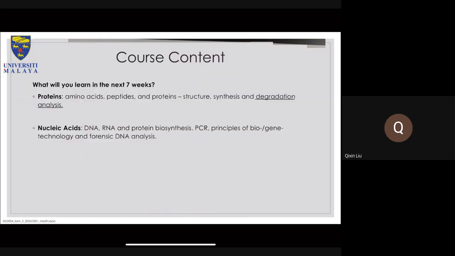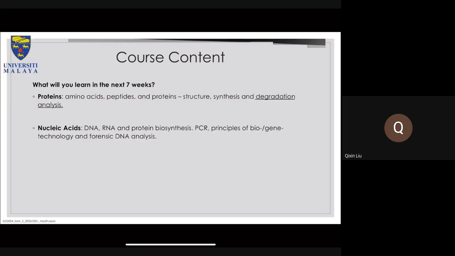All right, 5 seconds. Okay, so at the beginning of week 8, if I recall correctly, I showed you guys this slide of the things that you'll be learning, which is basically proteins, in two categories. One is proteins and peptides, the other one is nucleic acid.